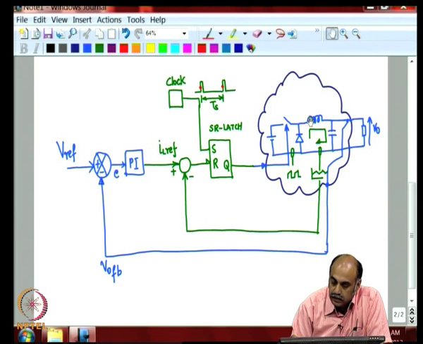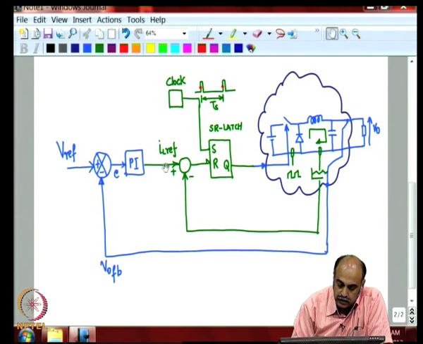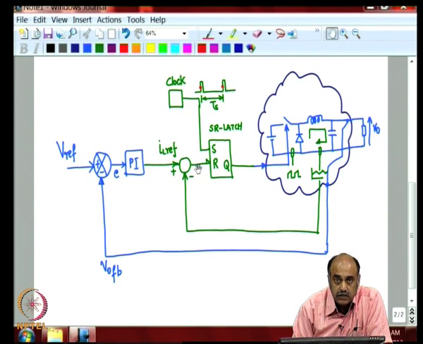The inductor current will start rising, charging up. That is what is compared here. The moment this current goes above this reference, this becomes negative or goes low, and that will reset this SR latch, and this goes low.